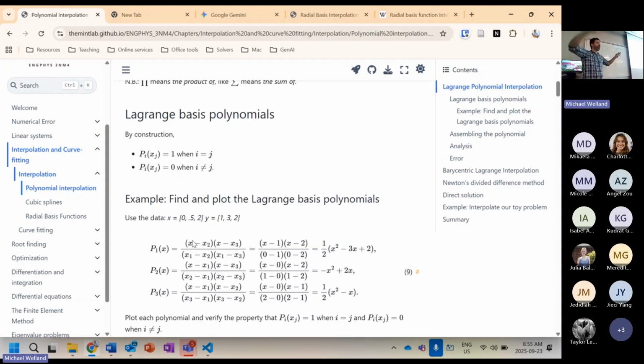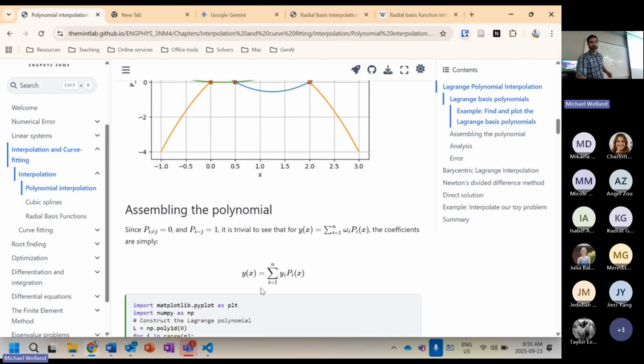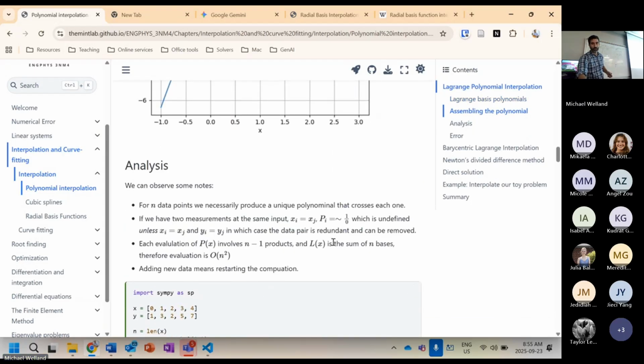It just increases linearly with that. But then there are n of these polynomials associated with that too. N by n means the computational complexity for this is n squared, and that's just for the evaluation. Never mind the building of that.